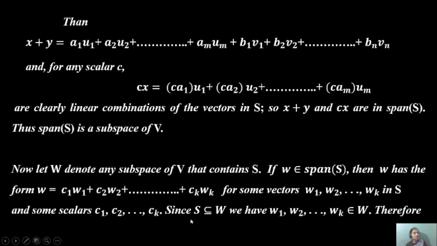Since S is a subset of W, we have w1, w2, ..., wk are elements of W. Therefore w equals c1w1 plus c2w2 plus ... plus ckwk, which is in W.